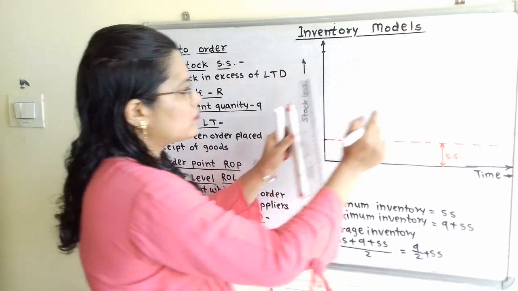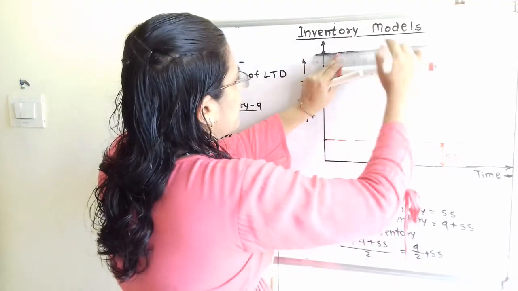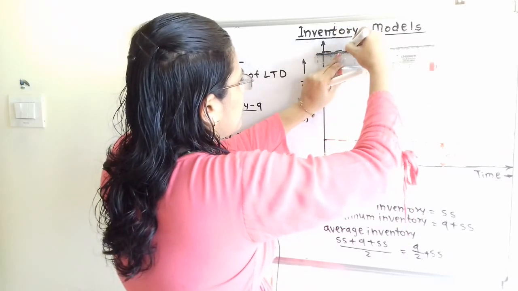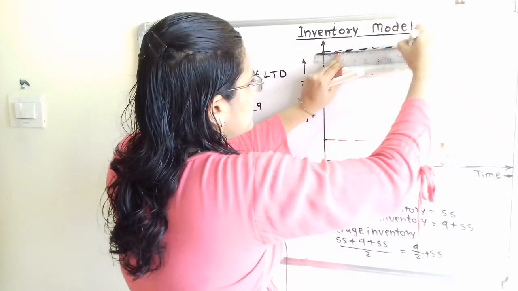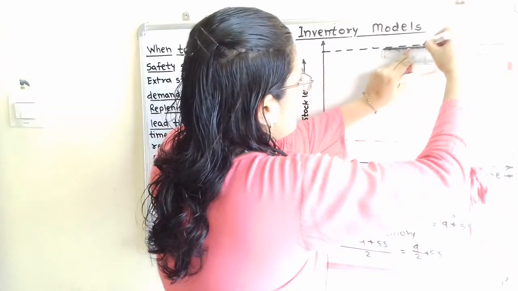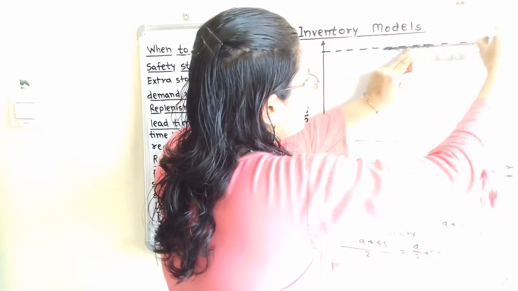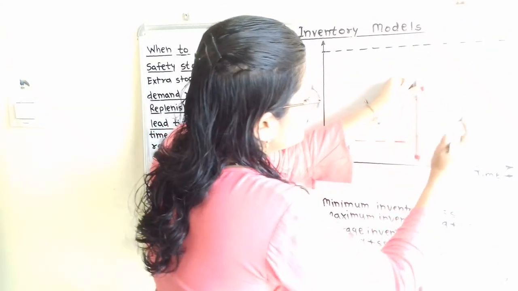So again we have to show this. I will draw one horizontal line passing through this point, and now it is above the safety stock.